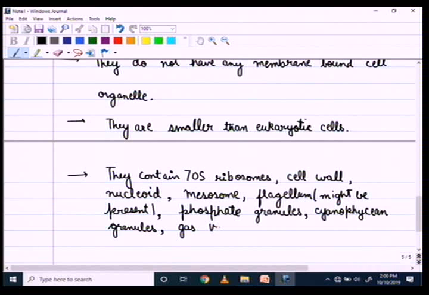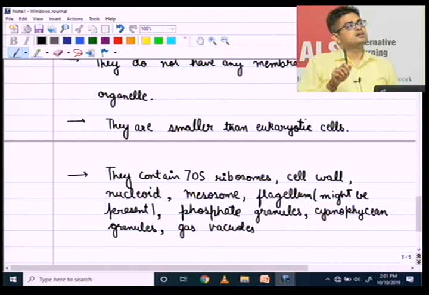But please remember, none of these granules, the phosphate granules, cyanophycean granules, or gas vacuoles, have any plasma membrane. So when I say that prokaryotes do not have any membrane bound cell organelle, it is the absolute truth.